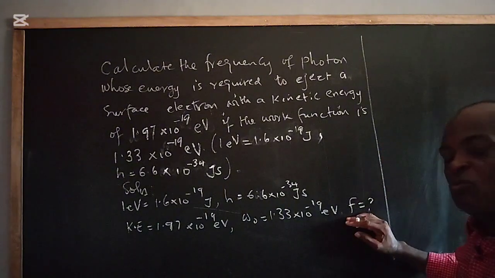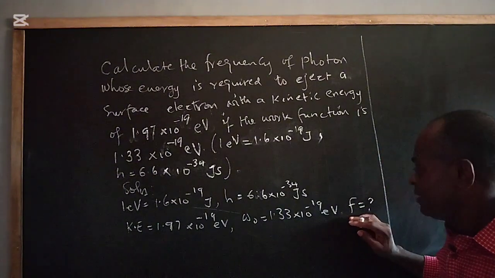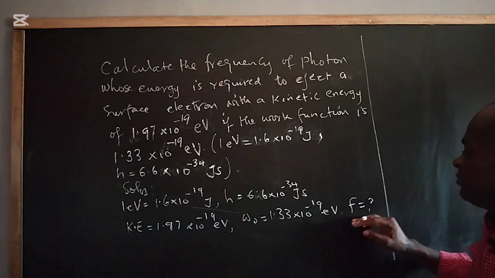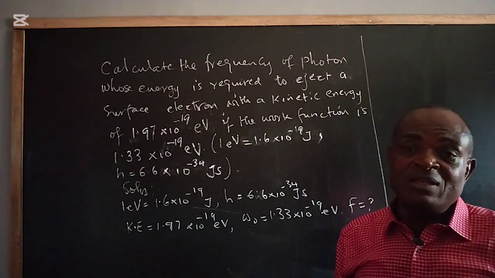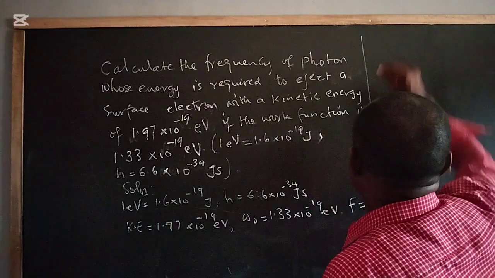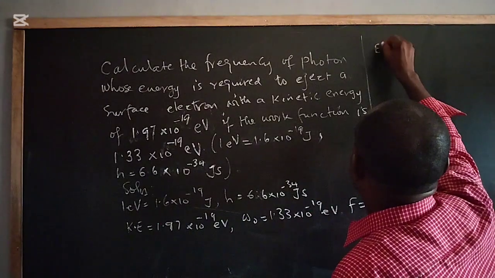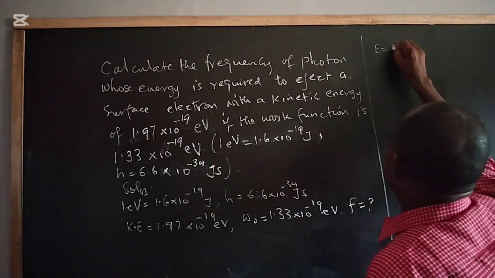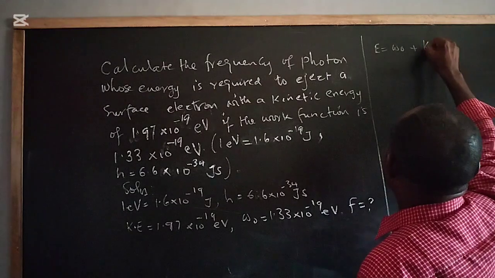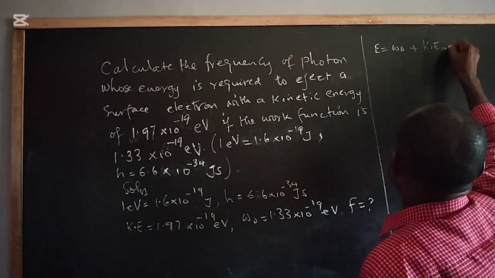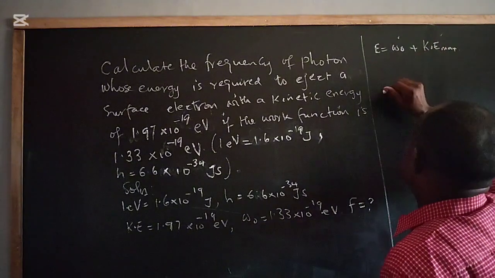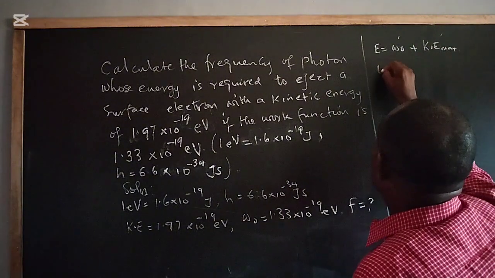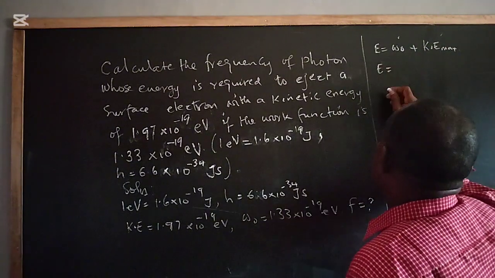Since it concerns frequency, they may be referring to the first level and second level equations. So from the first level, we said E equals work function plus maximum kinetic energy. Work function is given, maximum kinetic energy is given, so we try to get that first.